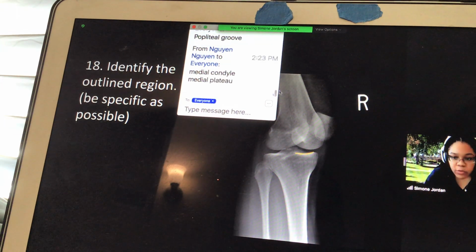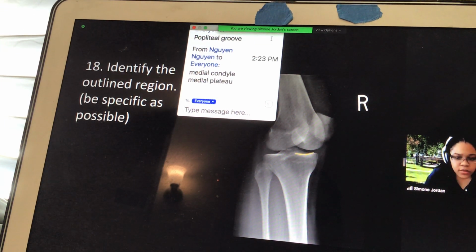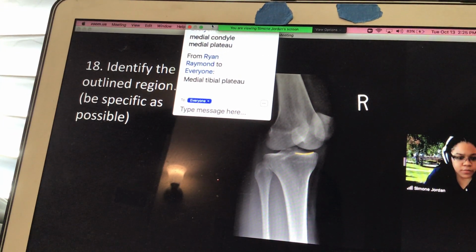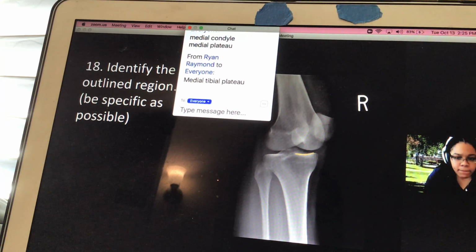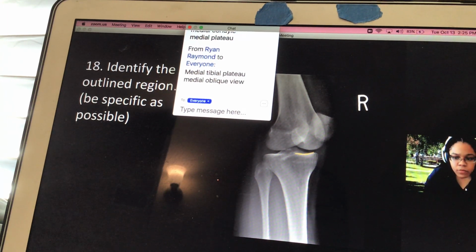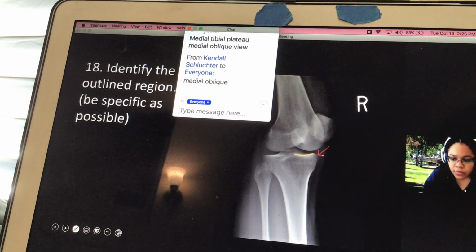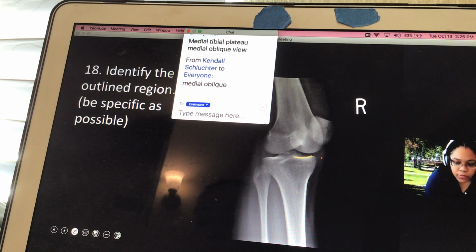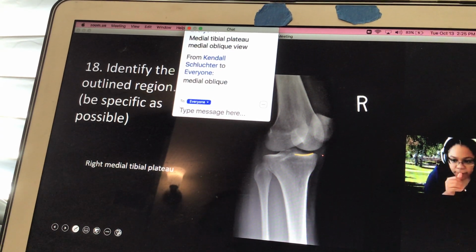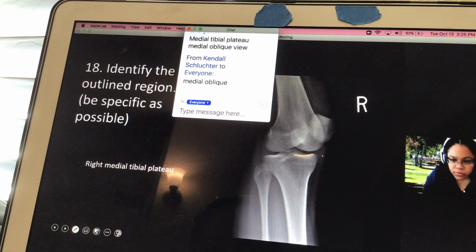So for number 18, what view is this before we get to it? Yeah, so this is our medial oblique view. And good, you mentioned that this was the medial tibial plateau. Perfect.